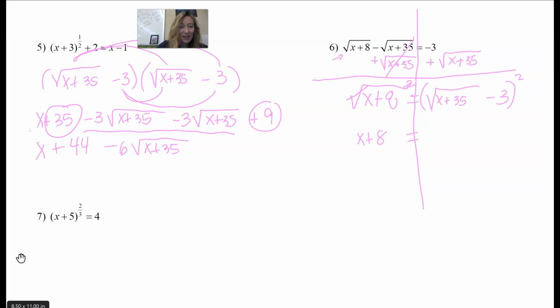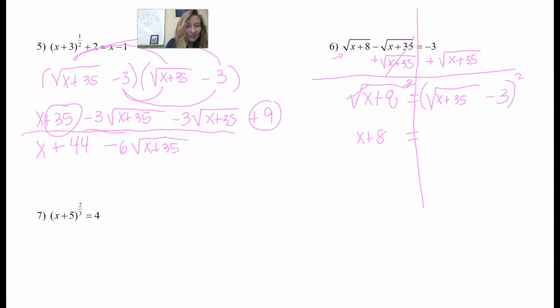So our end result is x plus 44 minus 6 rad x plus 35, and this was on this side. So I'm going to write it over here, x plus 44 minus 6 times rad x plus 35.